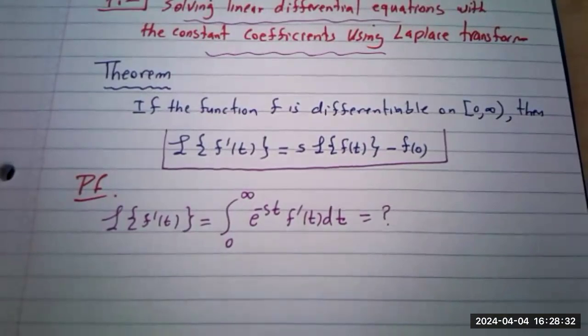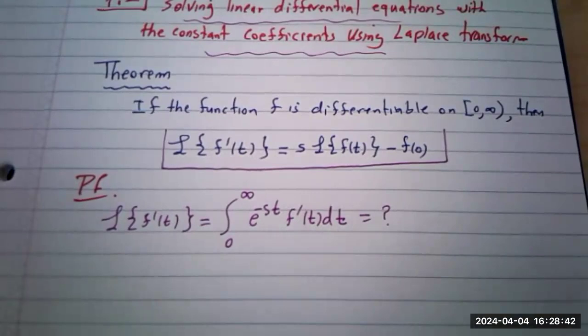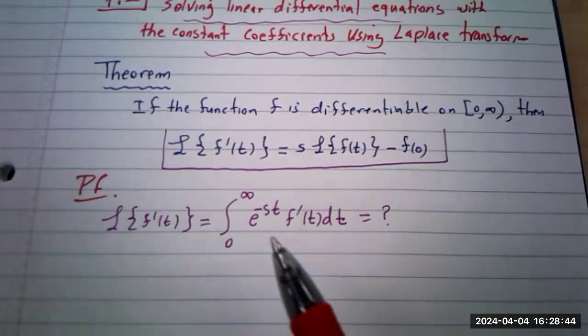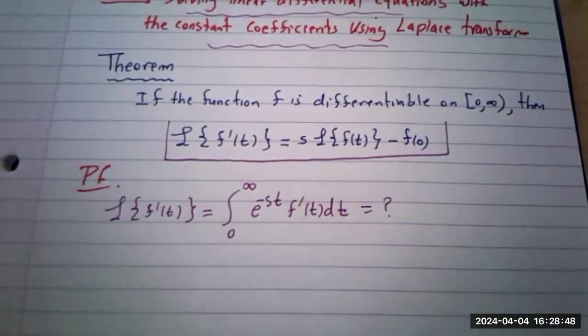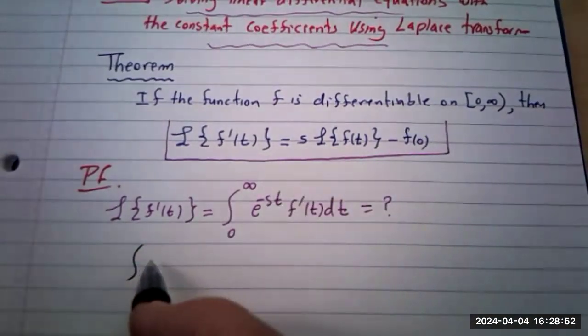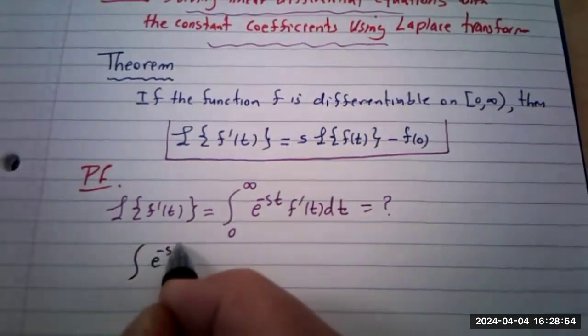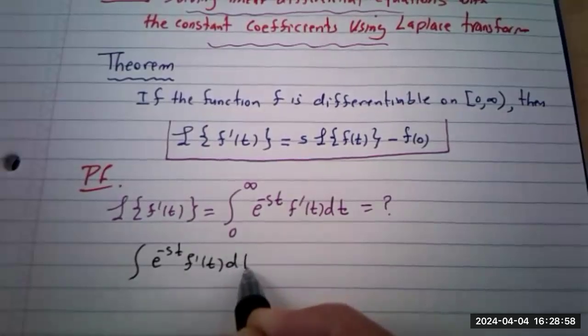You would like to write it in terms of something like e to the negative st f of t dt. So the way we're going to do it, we are going to apply integration by parts to integrate this function. For the time being, forget about 0 to infinity: e to the negative st f prime of t dt.